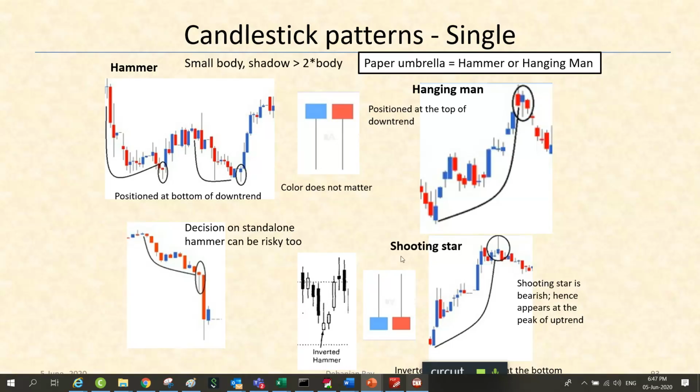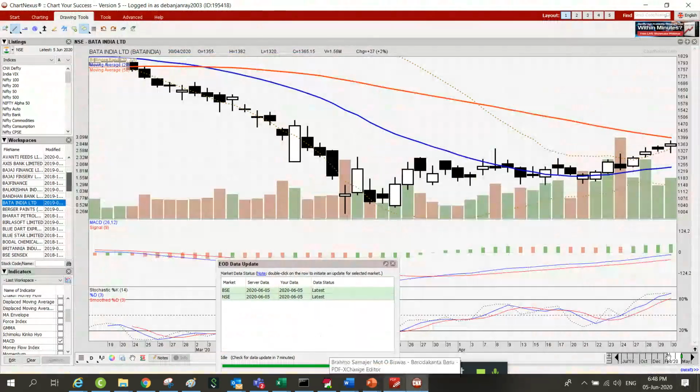The direction of the handle does not matter, whether the lower shadow or the upper shadow, but it will have one. Generally a hammer is called so whenever that long handle is at the bottom, and then it is an inverted hammer otherwise. So it can either happen at the bottom of a trend or at the top of a trend. In either trend, there will be a reversal of the signal. Let me go here.